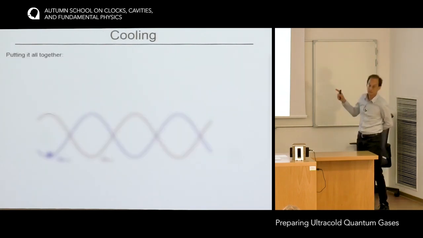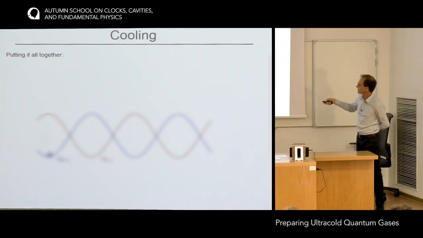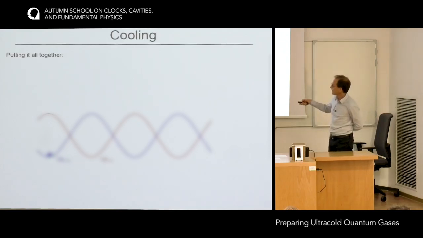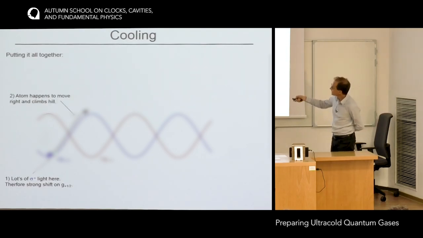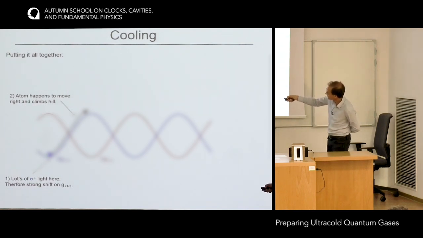Now let's put everything together. Here is this potential landscape that the atoms are seeing. So let's assume our atom is initially in this g plus 1/2 state, and we assume it moves to the right. Because it's in the g plus 1/2 state, and here we have a lot of sigma plus light, we have a strong light shift, so there is this hill.